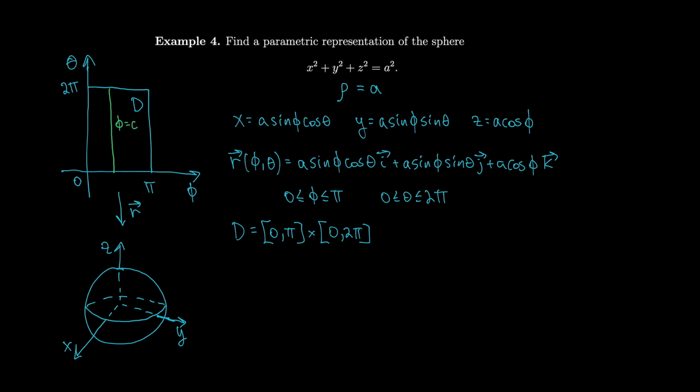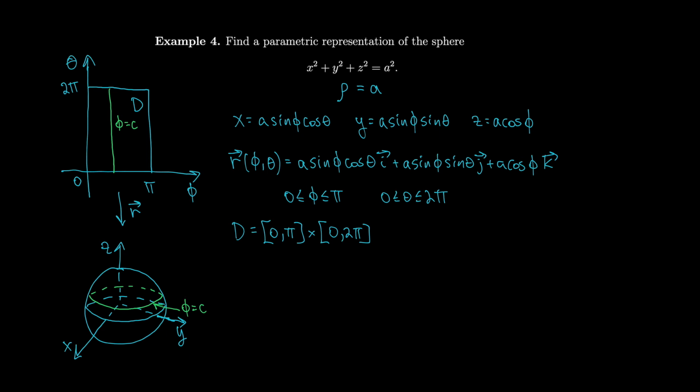So notice that phi equals constant becomes one of these circles when we map it through with r. We just get one of these guys. So this is for phi equal to some constant c. Notice this circle over here, the equator, is also phi equals some constant c, a different constant c.